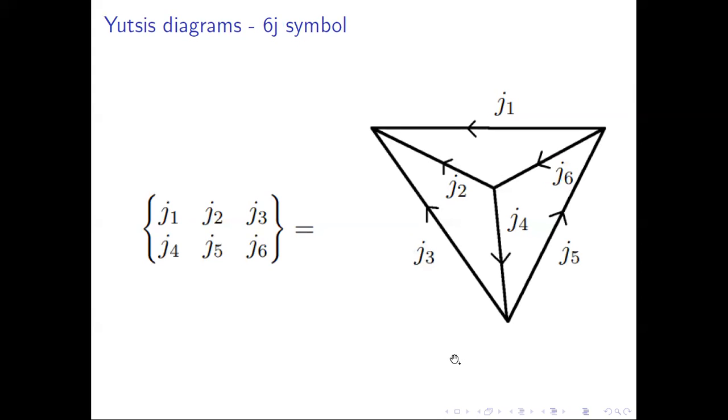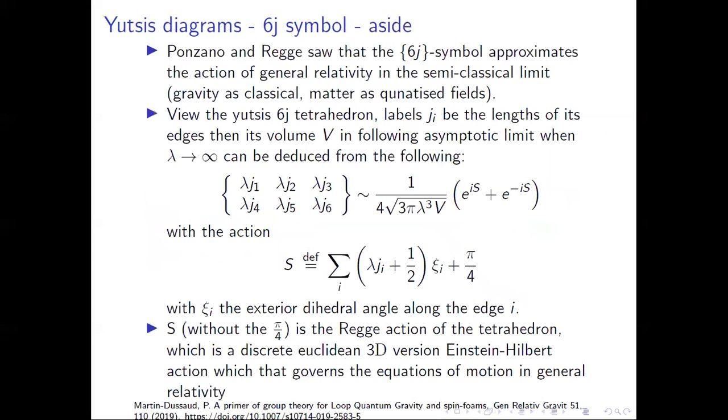Now, this is another place where we can call back to theoretical physics and show that there is this slightly odd link to gravity. So a very long time ago now, Ponzano and Regge saw that the 6J symbol approximates the action of general relativity in the semi-classical limit.